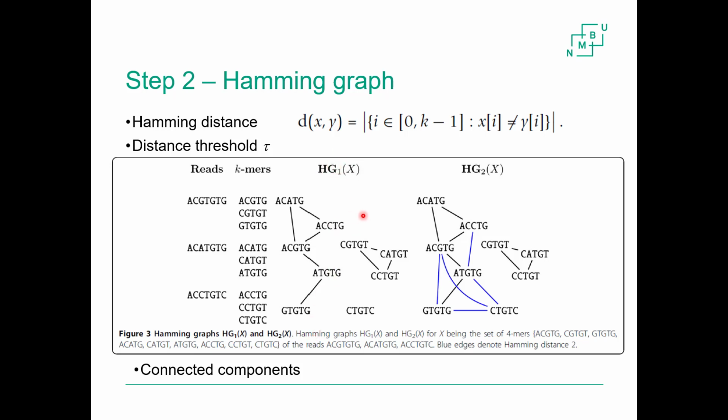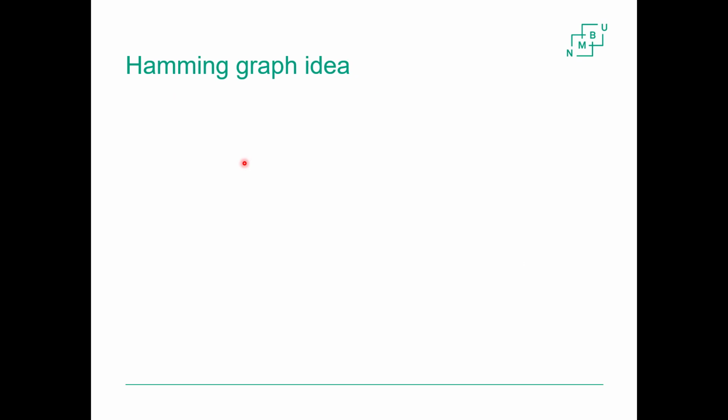And why is this Hamming graph actually a good idea to start thinking in terms of? That's something that was not really communicated, I think, in this paper. So let me try to do that. Assume now we have a data set sequenced with a k-mer coverage of 50. We have seen the concept of k-mer coverage. And what does this mean?